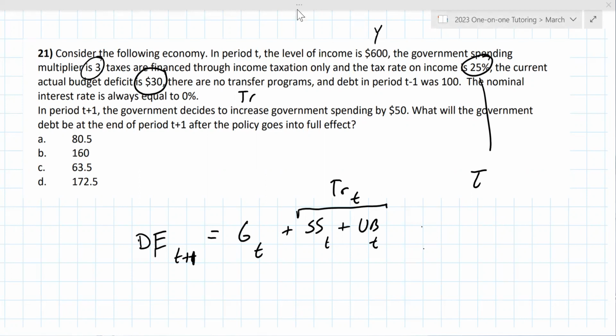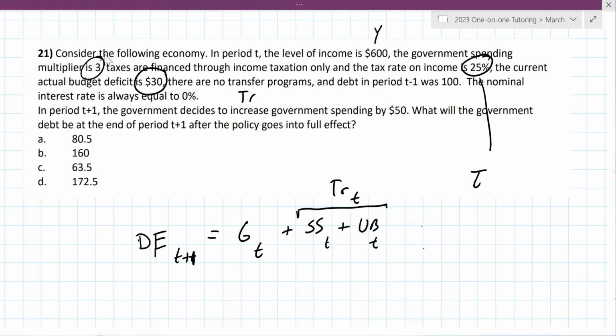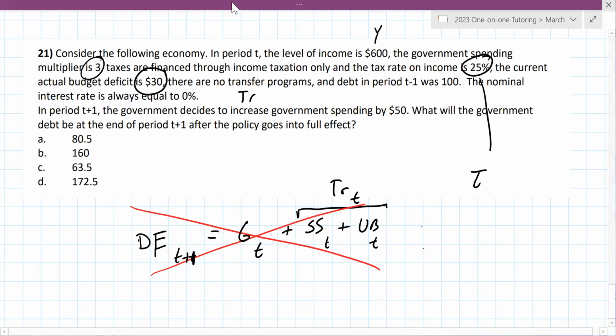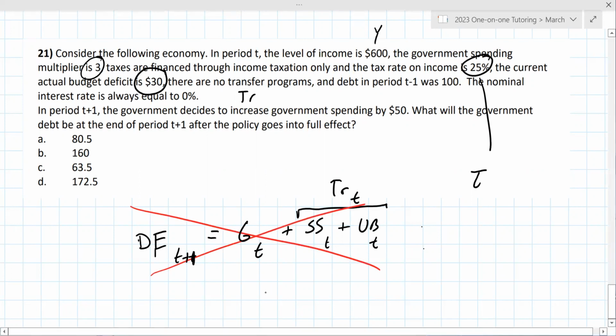All right, so I think I'm making this overly complicated. I see here what the solution is trying to get you to do. It says that the new debt equals the budget deficit plus 1 plus I times the debt from the previous period.